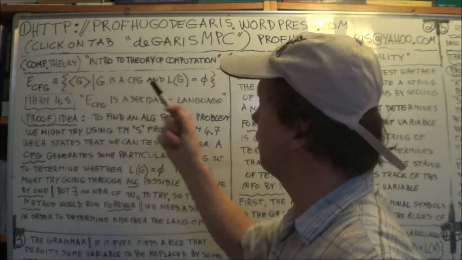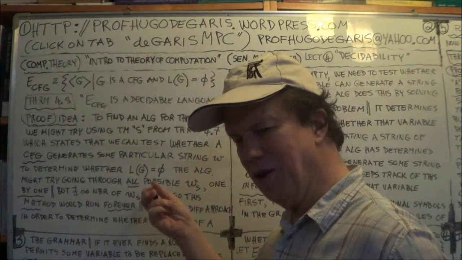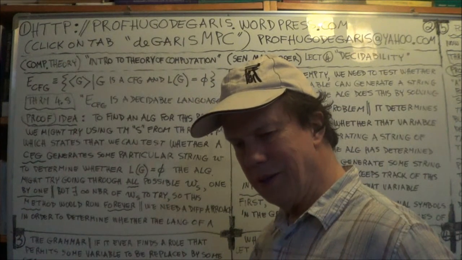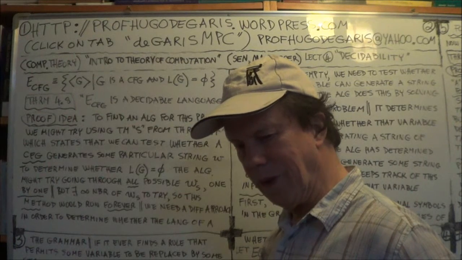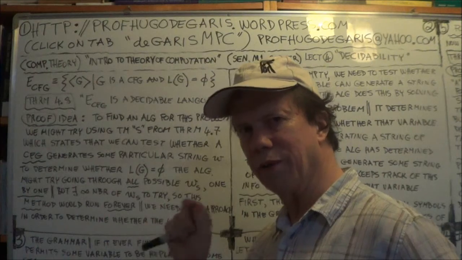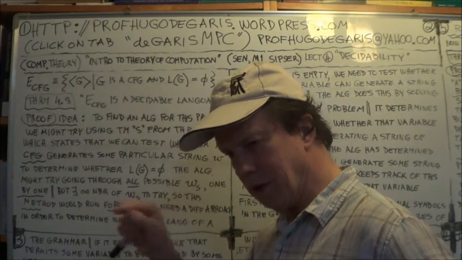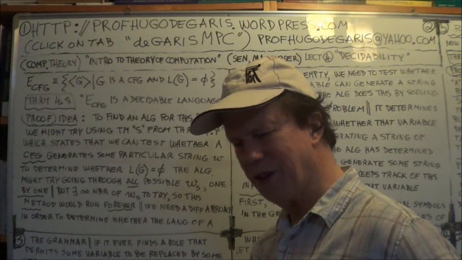So it's just any context-free grammar. So you're testing for all grammars and then for all strings, and seeing whether the particular grammar G you're working on at the moment, which is just one of an infinite number, could generate a particular string. So there's an infinite number of grammars and an infinite number of strings.